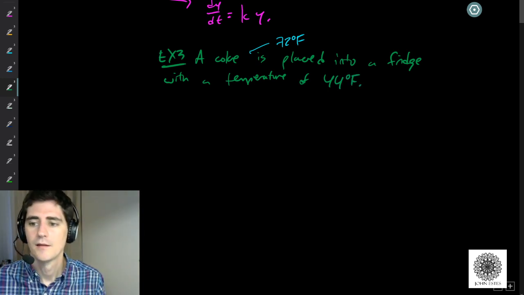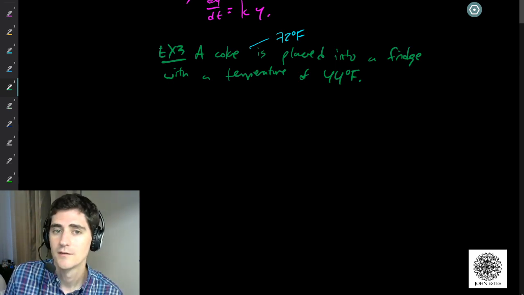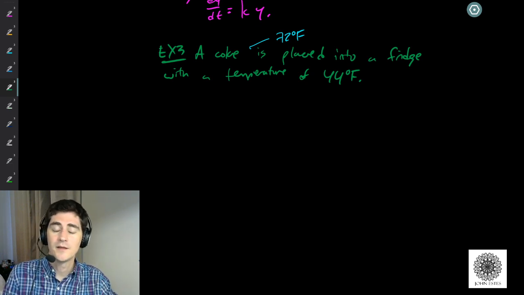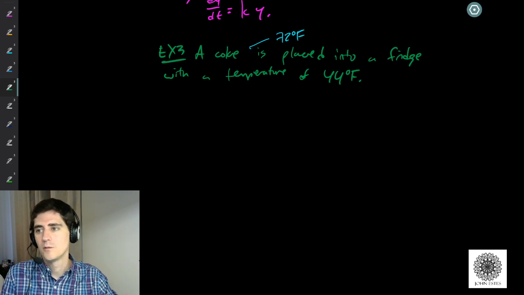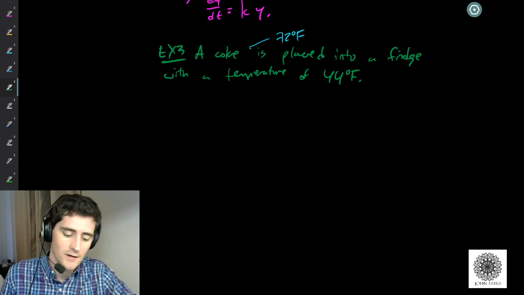Okay. Now, after 30 minutes, that's going to help me set the model, but remember, I'm going to have to find that k value. I'm going to need another test point. So we wait 30 minutes, and after 30 minutes, we get a temperature reading of 61 degrees Fahrenheit.